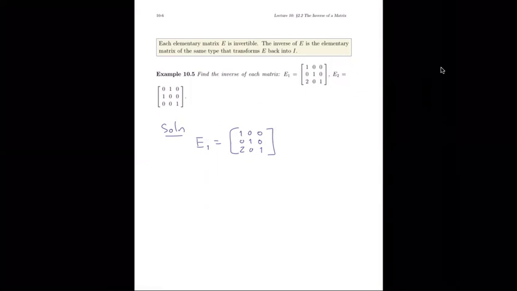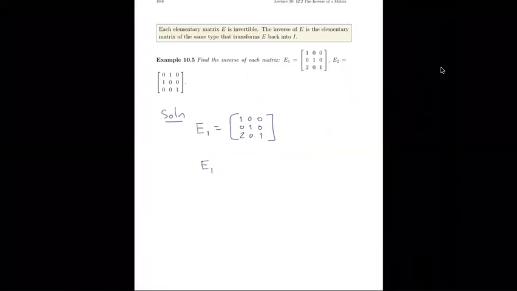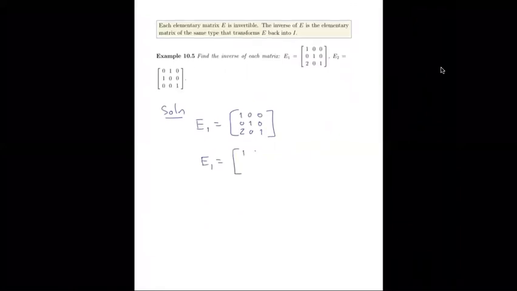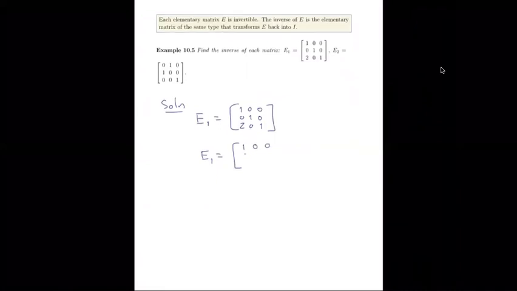We've already seen that this is what this matrix is. Well, how would we undo that? Let's just try to think it through arithmetically. We would leave rows 1 and 2 alone because we haven't changed them with the elementary matrix. But if we subtract 2 times row 1 from row 3, that should undo what E1 did.